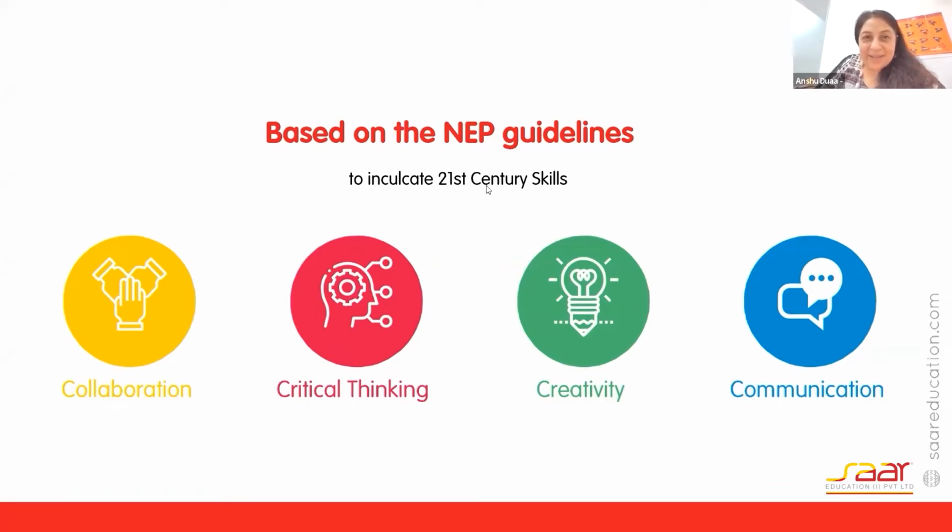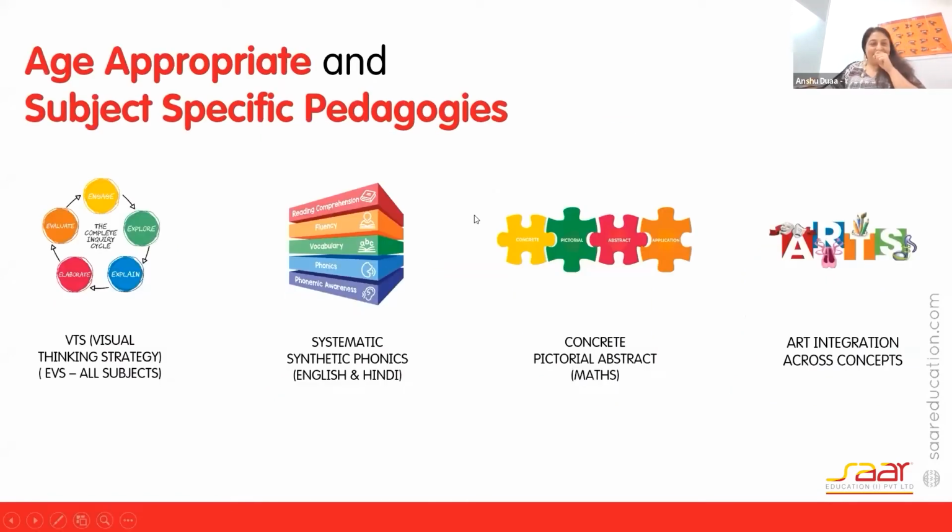develop. Okay, so let's come to the pedagogies of how to teach these different subjects. When we talk about EVS, we do it through VTS. When we talk about English and Hindi, we do it through systematic synthetic phonics. When we talk about maths, we do it through the CPA approach.